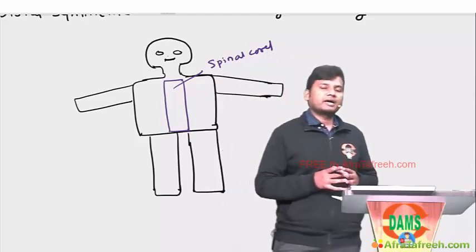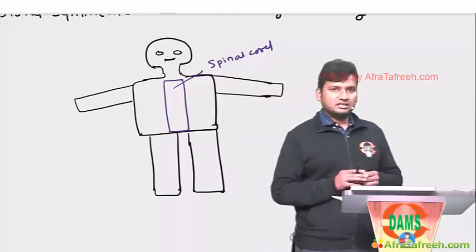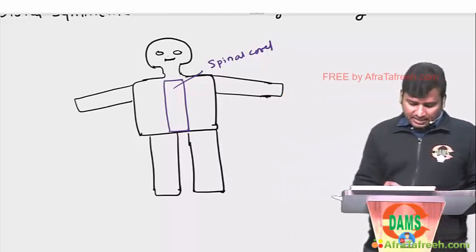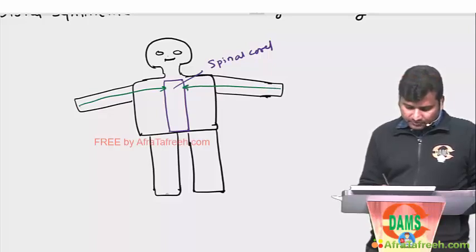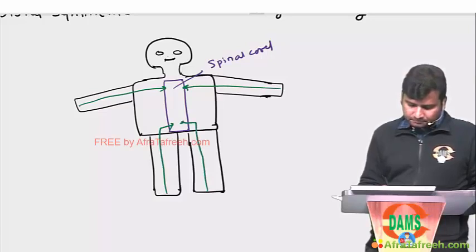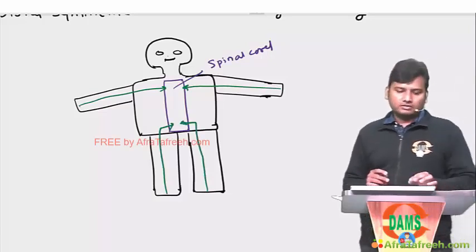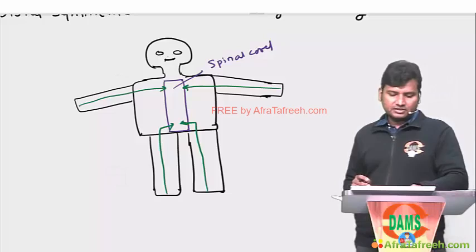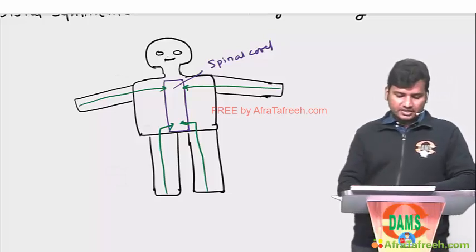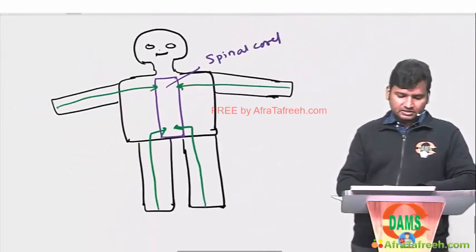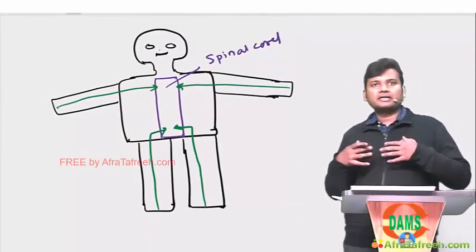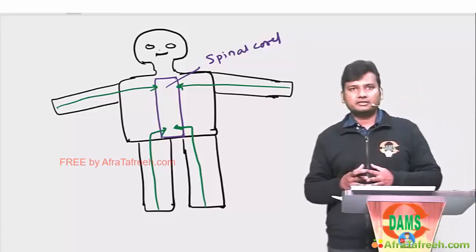So this is spinal cord. We are having sensory nerves. Sensory nerves carry sensation from all parts of our body, and they enter the spinal cord. Green color, all these are the sensory nerves, and they carry the information of pain, touch, temperature, joint position, vibration, and they enter the spinal cord.